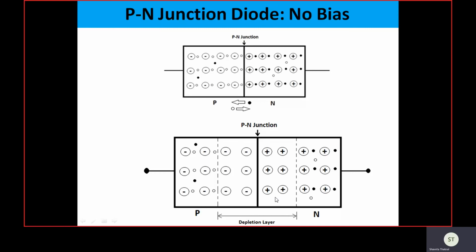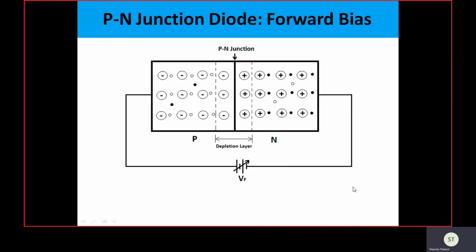So we understand at this point that in the case of no biasing, the depletion layer acts as a barrier at the junction. Let's say we apply biasing in the circuit. We can apply two types of biasing arrangement: one is forward bias and the other is reverse bias.